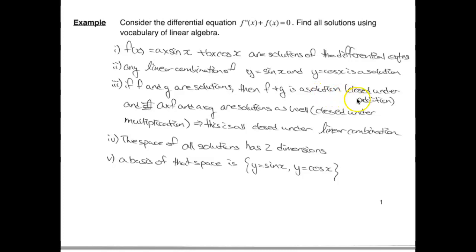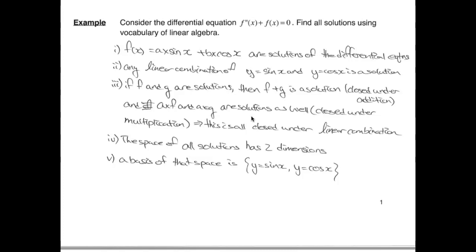So closed under addition means that if you have a first solution and you have a second solution, you can add them together and it will still be a solution. Closed under multiplication, which is written below here, means that if you have a solution and you multiply it by a scalar, the result will also be a solution.